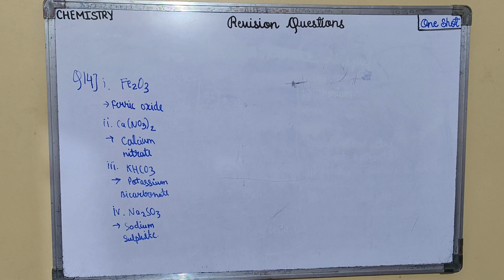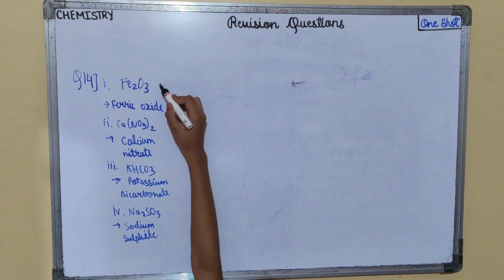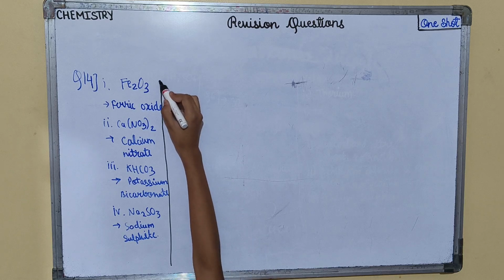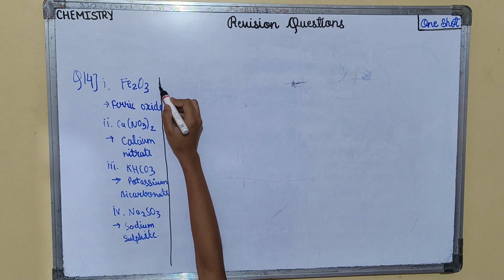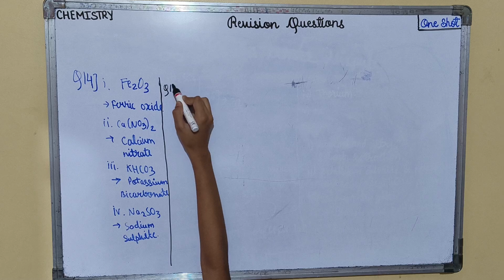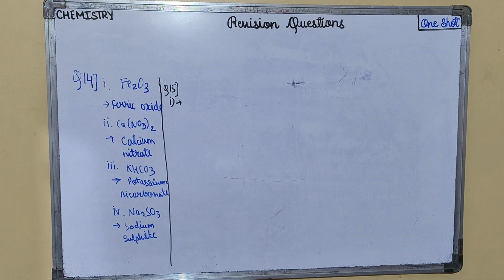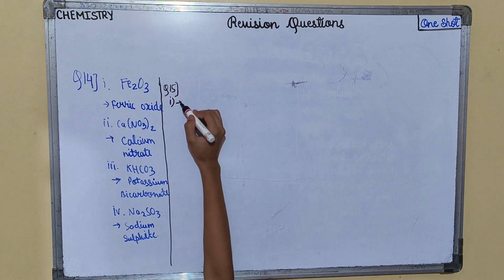Question number 15: assign chemical formula for the following compounds.